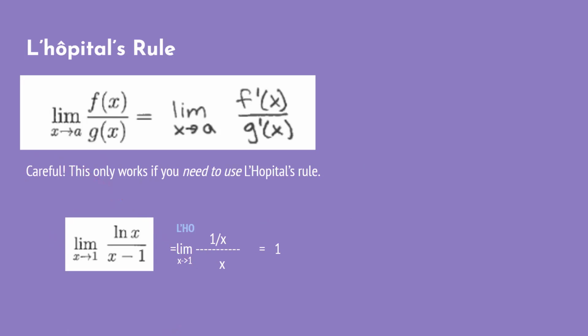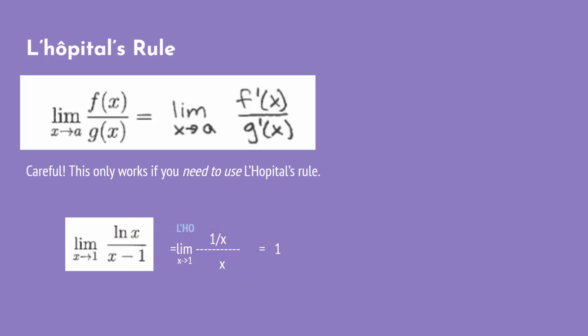We can, because the limit of both the numerator and denominator equals 0, and 0 does exist. What I always write is lol, like L apostrophe HO, to say I'm using L'Hopital's rule here by the equal sign. Then take the derivative of both of those, and we get 1 over x and 1 if we take the derivative of both. Then you plug in 1. Now we get 1. Yay, we did get an answer.